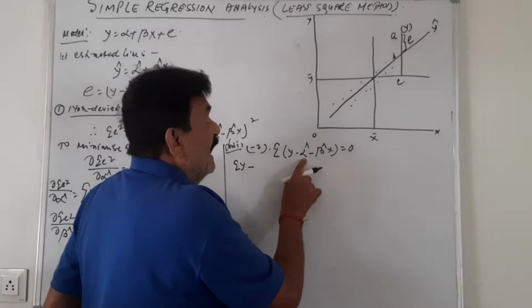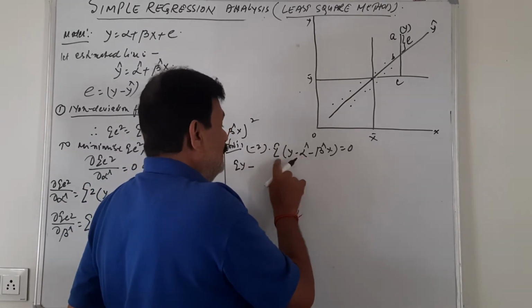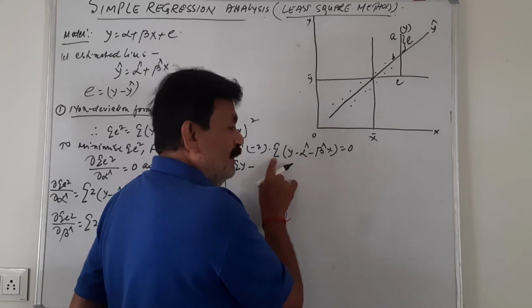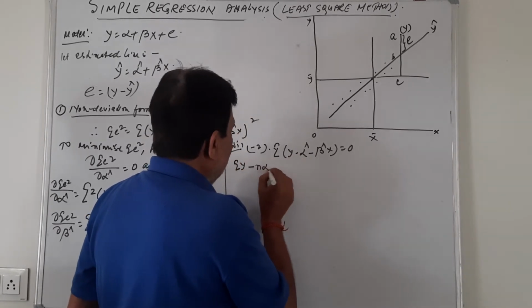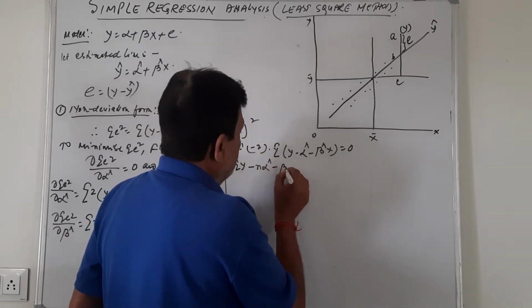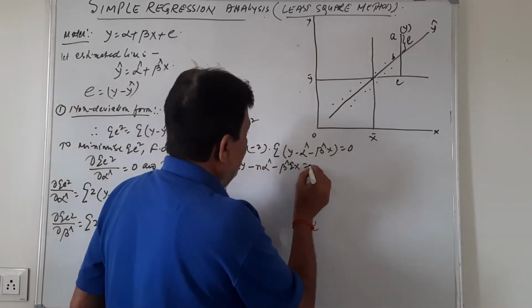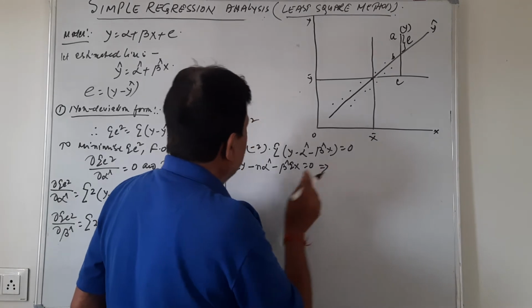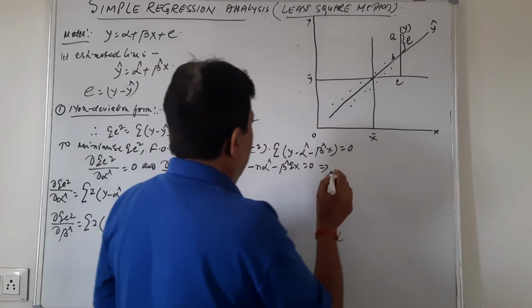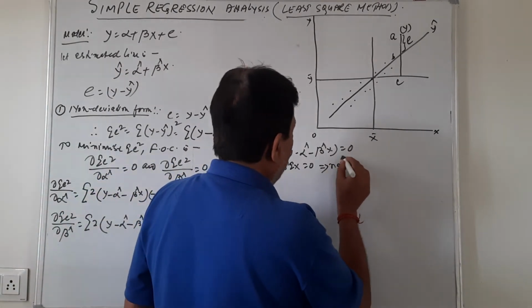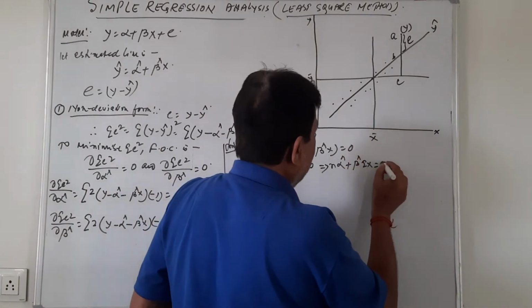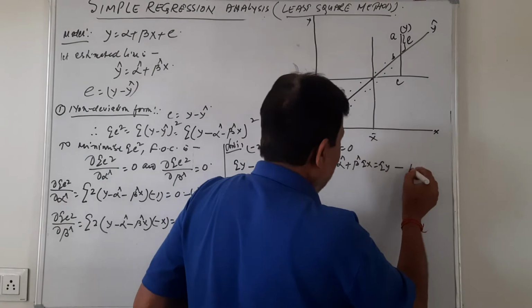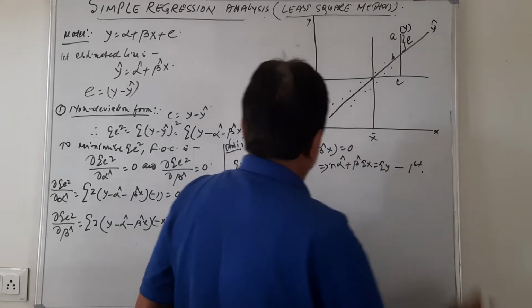Alpha cap is a constant, and whenever we take summation of a constant, the summation sign is dropped and the constant is just multiplied by n. So minus n alpha cap. Changing the side, n alpha cap plus beta cap summation x is summation y. This is the first normal equation.